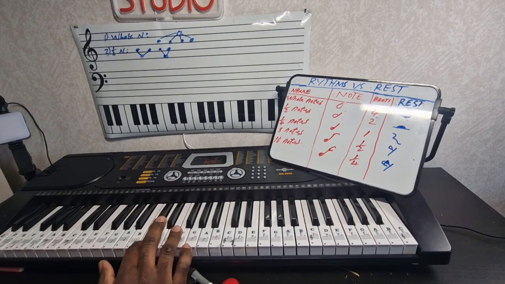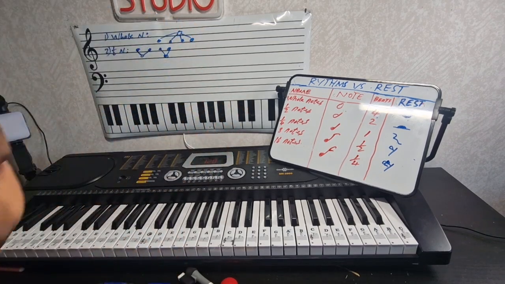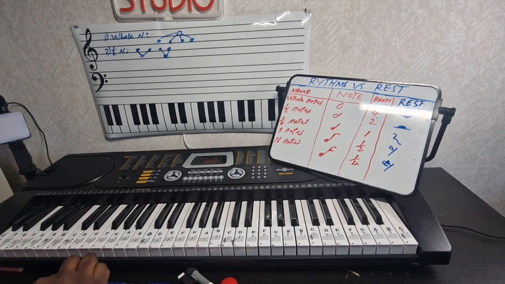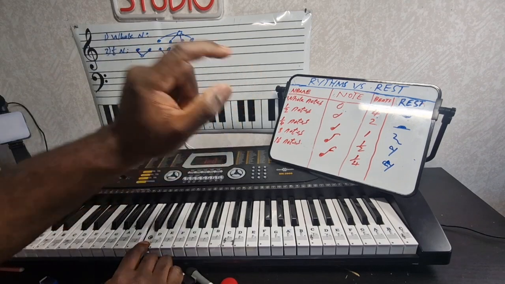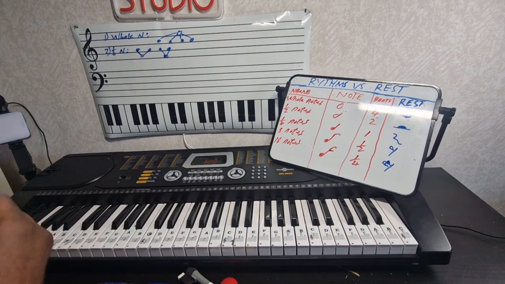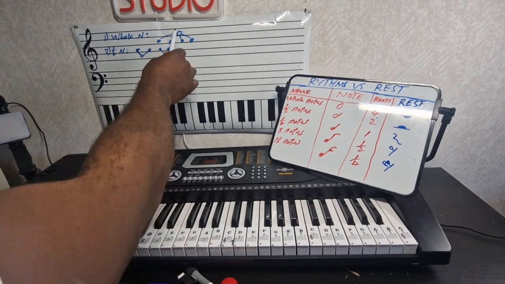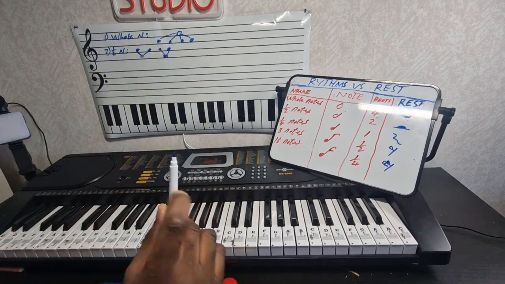So let's try it. Excellent. That's a half note. One more time. That's a half note, okay? Now, every half note has 2 beats. So if you divide the whole note by 2, it gives you 1 half note, right?